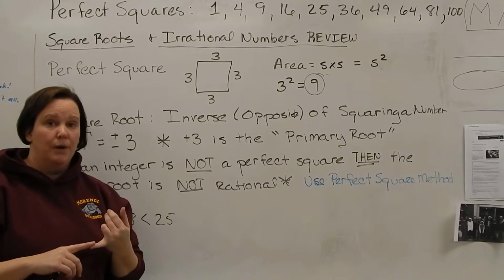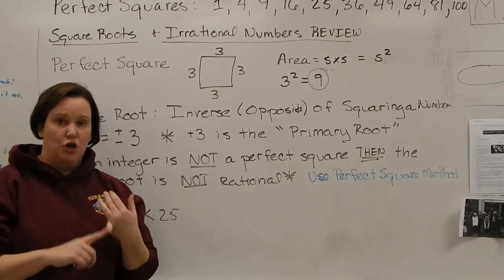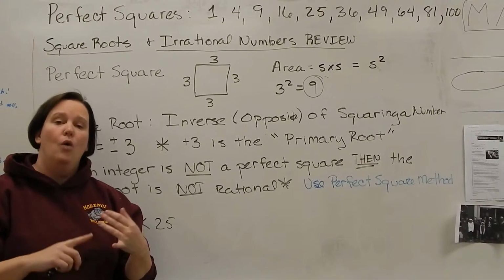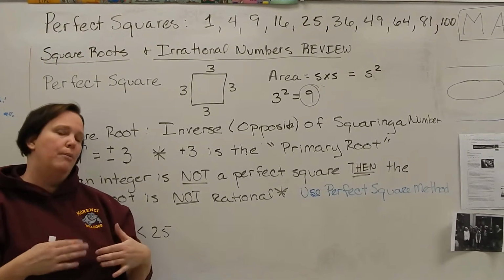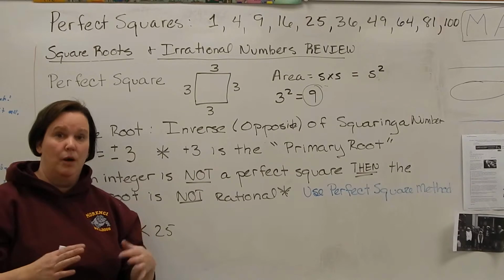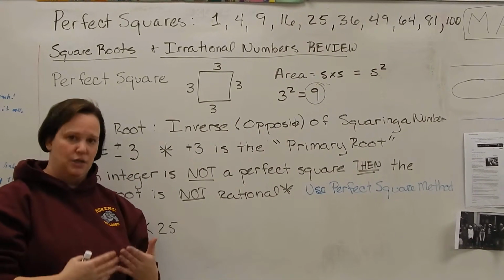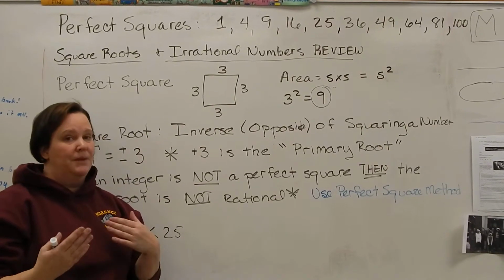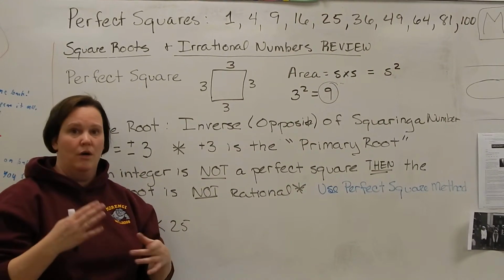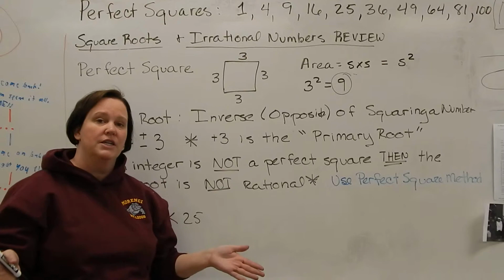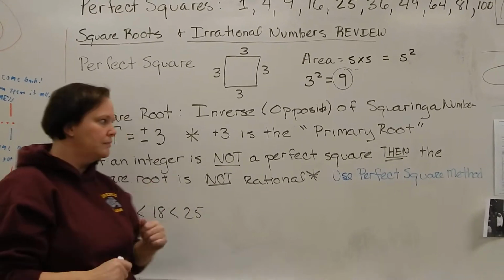A rational number is a number that terminates as a decimal or repeats. So 1.2 is a rational number. 1.22222 and on forever is a rational number. But something like pi, 3.14, on and on and on, all the numbers are different, that's irrational.